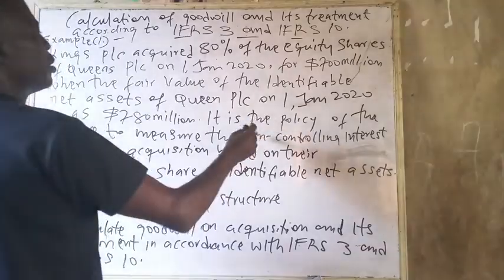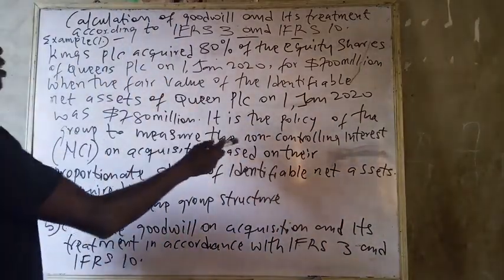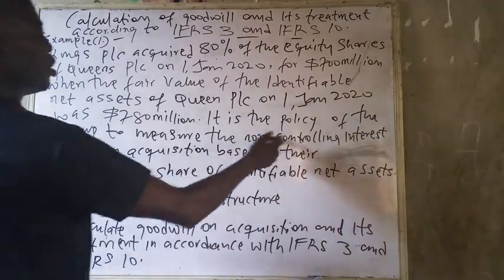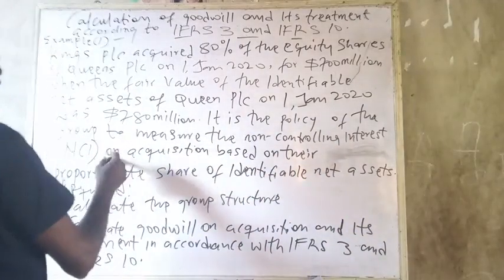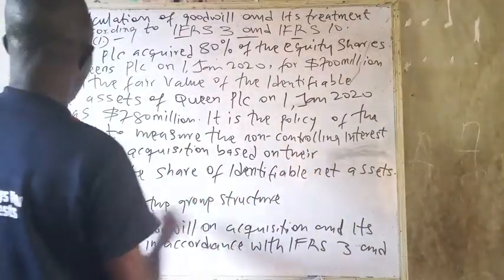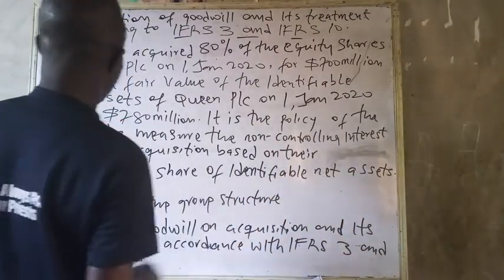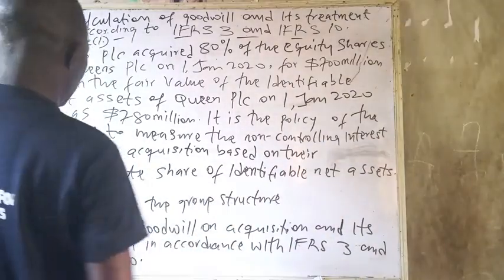It is the policy of the group to measure the non-controlling interest, NCI, that is the full meaning of NCI, on acquisition based on their proportionate share of identifiable net assets. Required. Calculate the group structure.